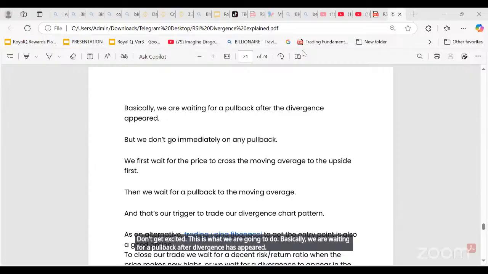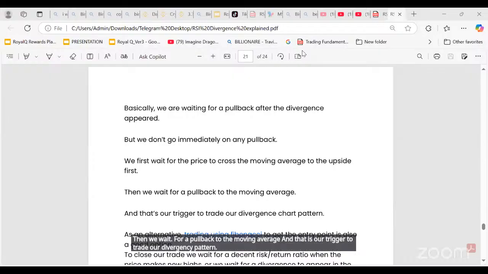We don't go immediately on any pullback. We first wait for the price to cross the moving average to the upside. Then we wait for a pullback to the moving average. And that is our trigger to trade our divergence pattern.